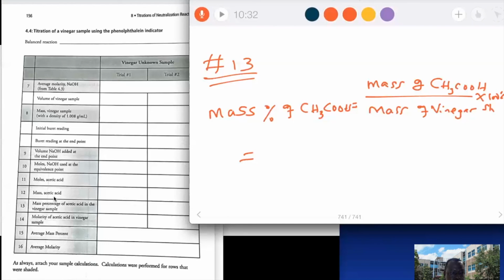The mass of acetic acid is line 12, over line 8, times 100%, and that will give you your answer. That will give you the mass percent of acetic acid in the vinegar sample.